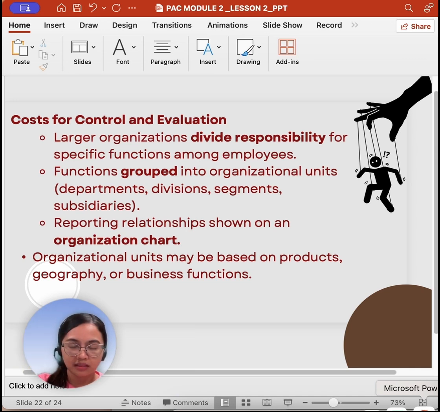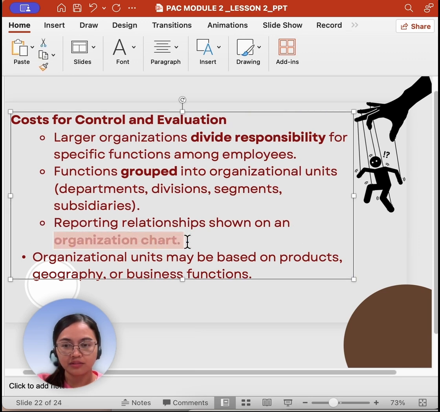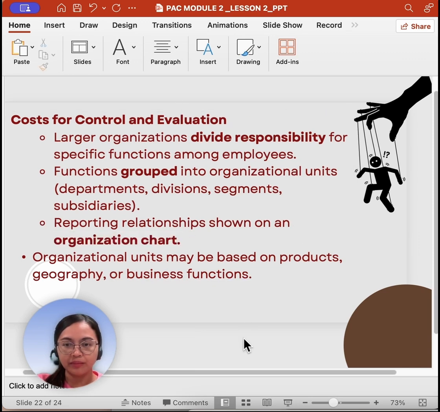So, let's say in a company, especially big companies, there is an organizational chart because the employees should know whom they submit or report to, and the responsibility has to be divided. Okay?